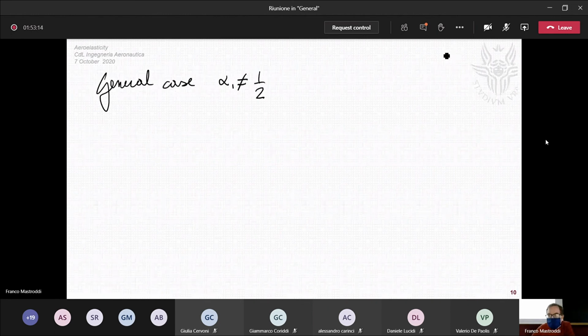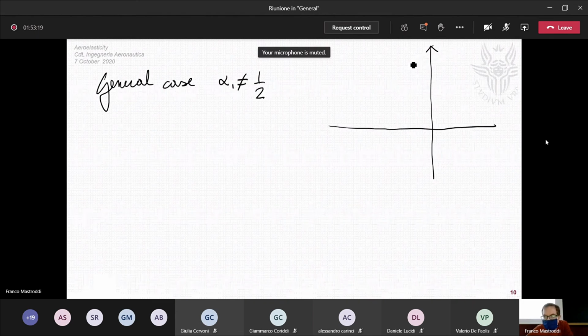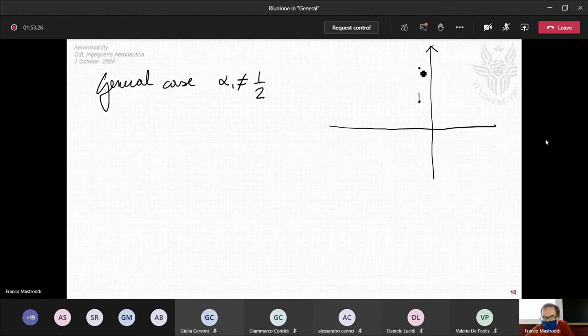In that case, your starting point for your root locus, you start from here and here, is this, you go up, you go down, but you don't coalesce. And so you have this, and you have this. Or you may have this and this.